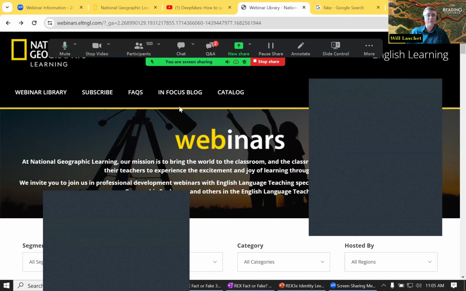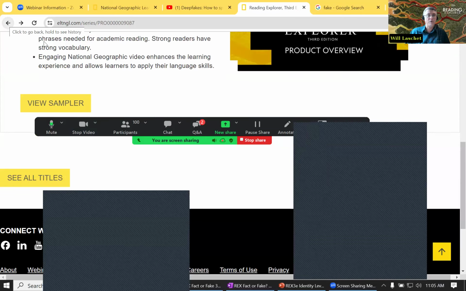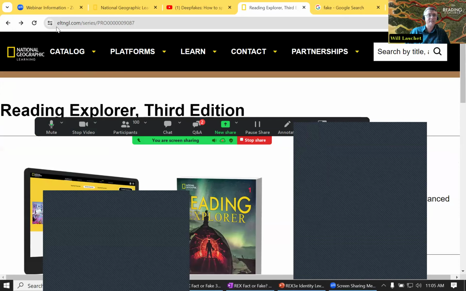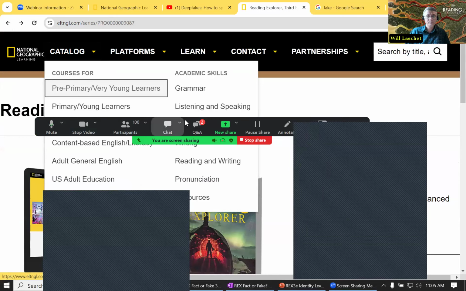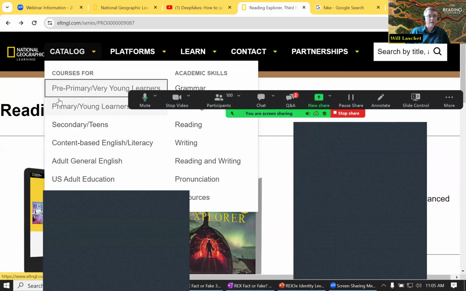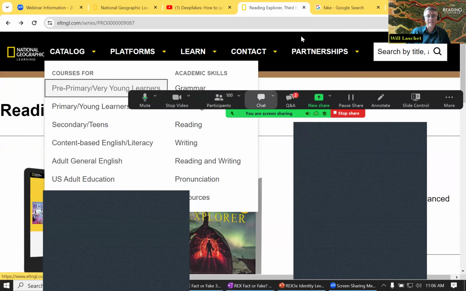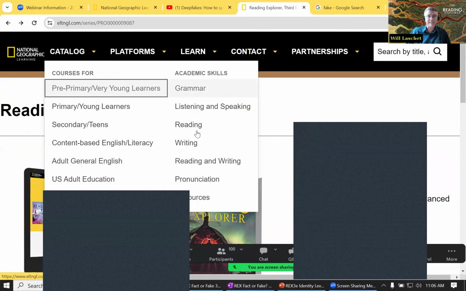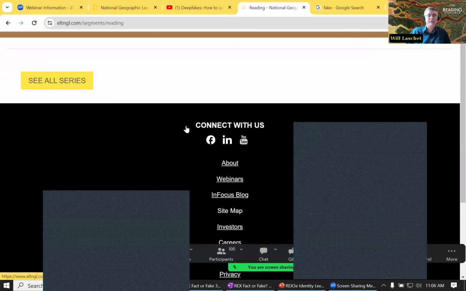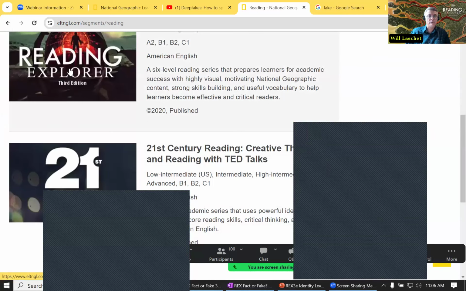You can find out more information about all of our programs if you go to our website, eltngl.com, click on catalog, and then from there, you would see that Explore Our World would be under primary or young learners, whereas Reading Explorer would be under academic skills. So academic reading. That's where you will find Reading Explorer.